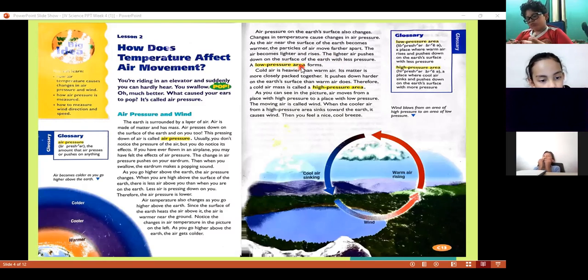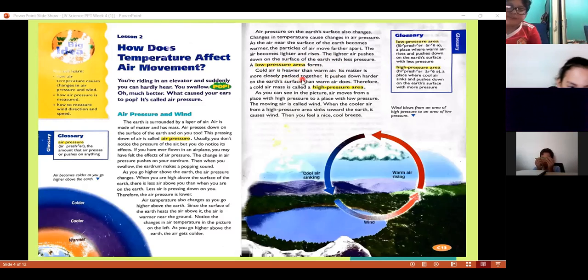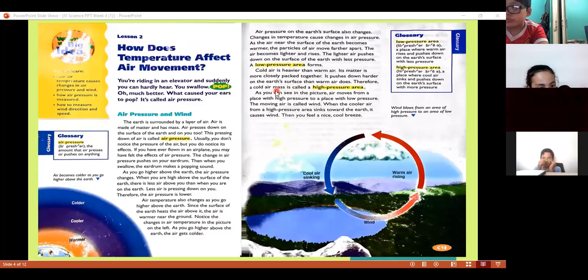A low pressure area forms. Cold air is heavier than warm air. Its matter is more closely packed together. It pushes down harder on the earth's surface than warm air does. Therefore, a cold air mass is called a high pressure area.